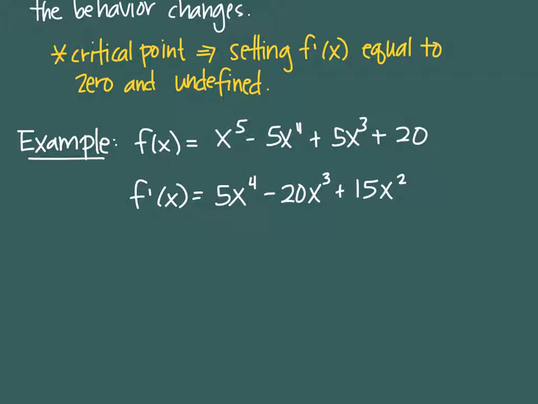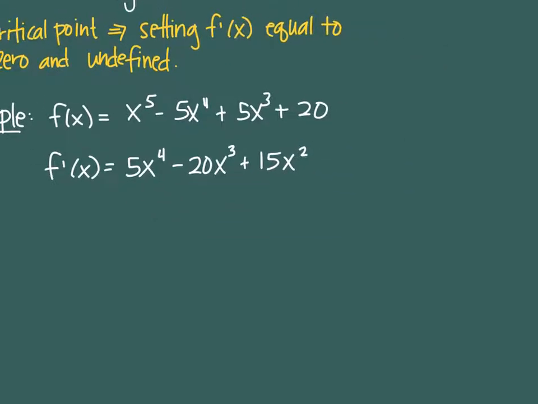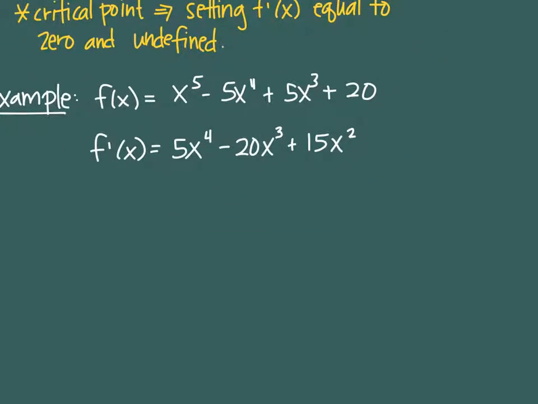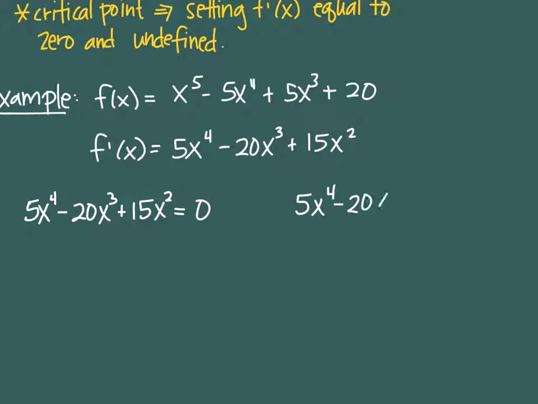That is the derivative. We want to set this equal to both 0 and undefined. So we'll take 5x to the 4th minus 20x cubed plus 15x squared, and we'll check if it's ever equal to 0. And it's sort of redundant. We know that because it's a polynomial, it will never be undefined, but it's a good habit for us to practice that.